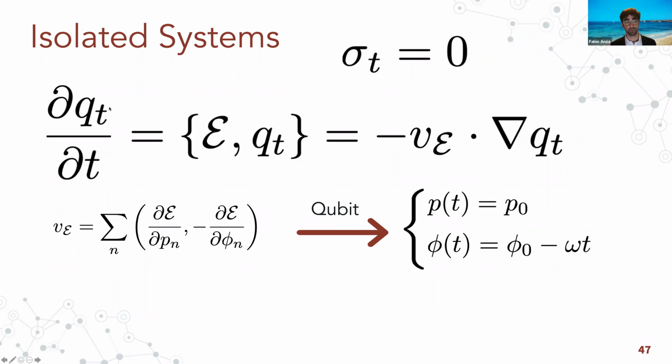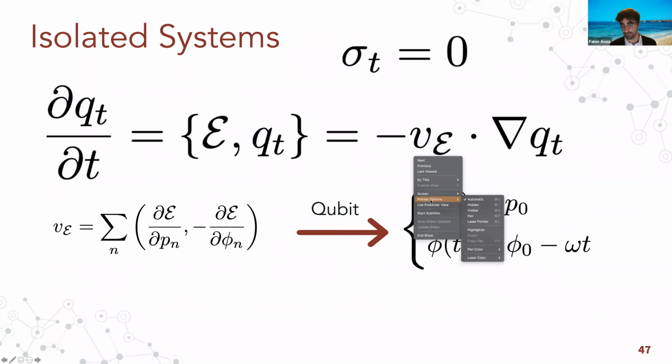And this is how the evolution of the probability density looks like. You have a notion of Poisson brackets. And so basically dq over dt is given by the Poisson bracket between epsilon and q of t. And because the flow is Hamiltonian, you can write it explicitly. Let me use the pen.